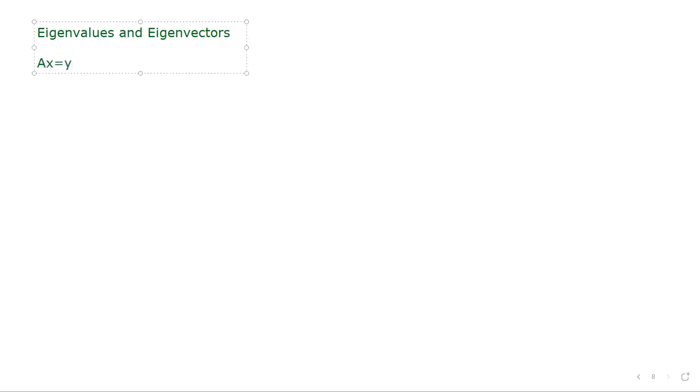So whenever we write this Ax = y, where A is a matrix and x and y are column vectors, this can give us a linear transformation that maps x to y.